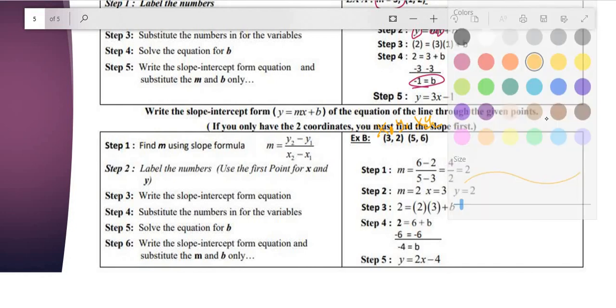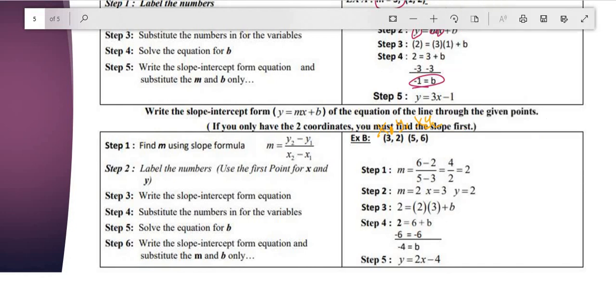So the first thing we want to do is work with this set of points. I'm going to put my y2 on top, and that's where this is. Then I'm going to work with this set of points. My y1 will go on top right here, work it out, and that will give me my slope.